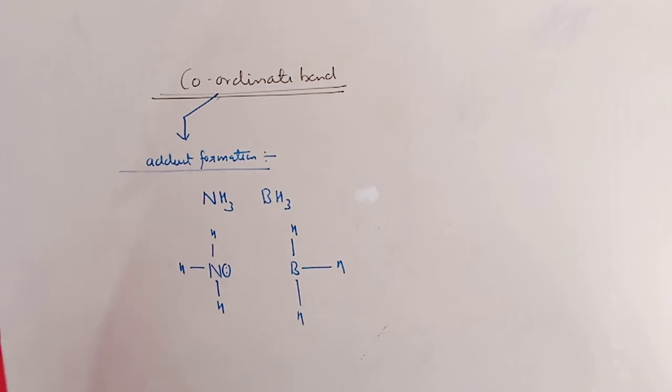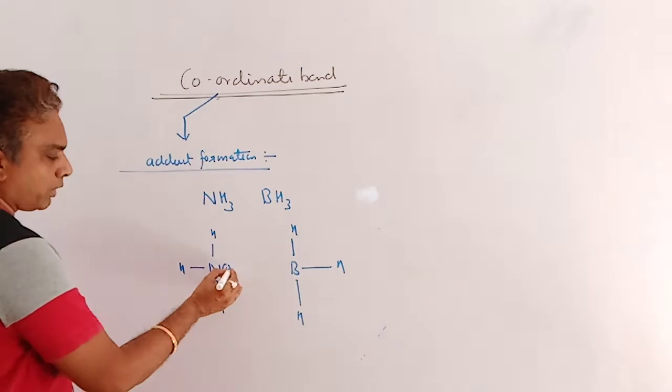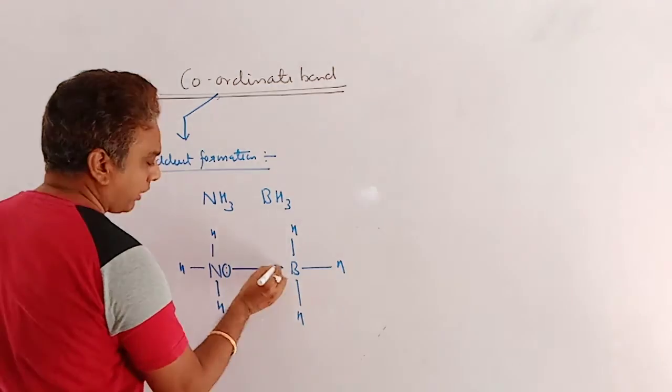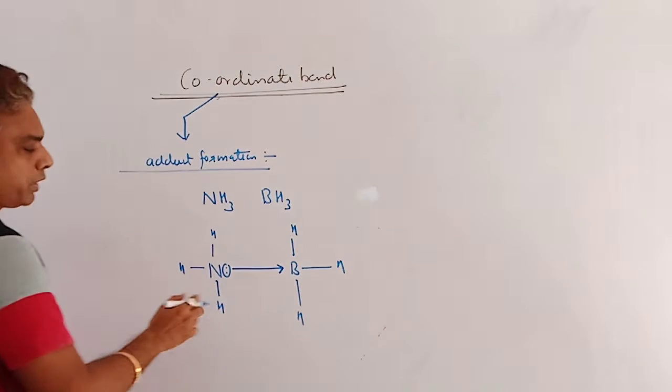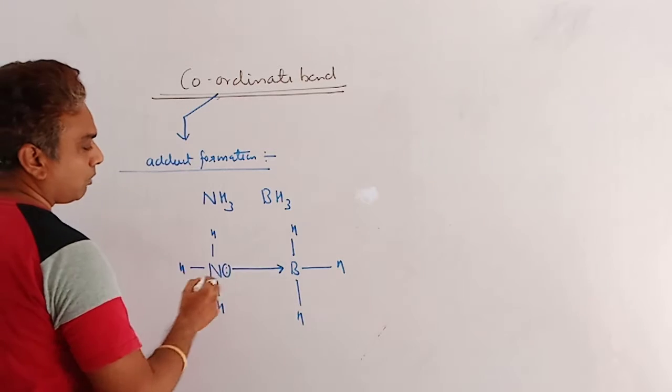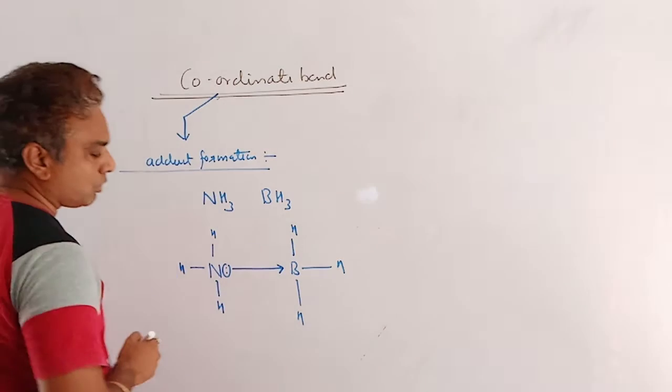So to complete the octet of boron, the lone pair of nitrogen is donated by nitrogen to boron.